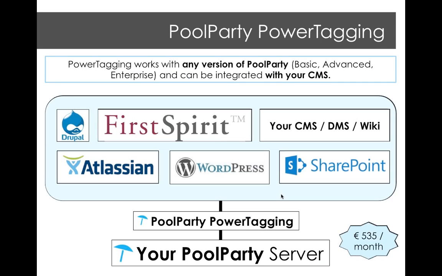You can use either Virtuoso or Sesame as a triple store, and the whole text corpus and the annotations will be stored in the triple store together with your knowledge graph. And in a second I will show you the Semantic Integrator, which makes use of this pattern already, because there you can combine annotated documents in the knowledge graph for queries.